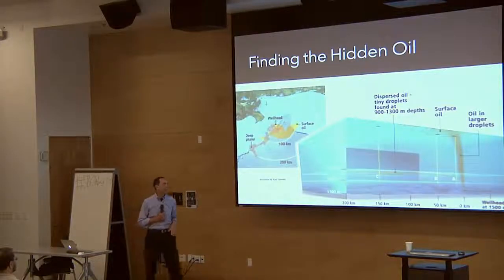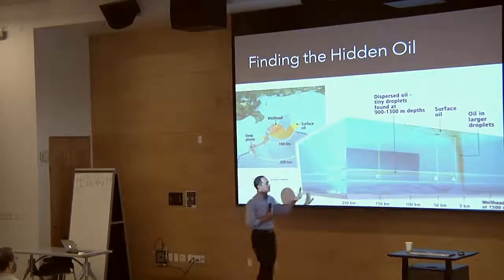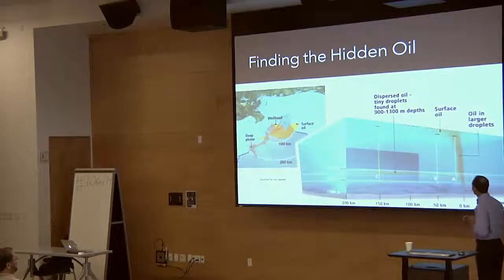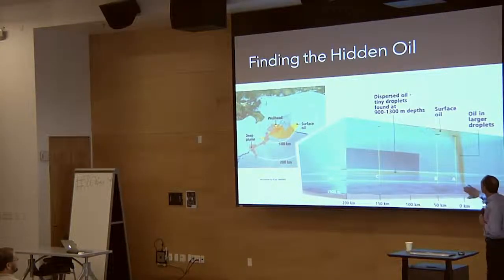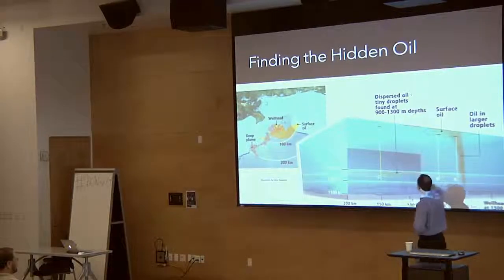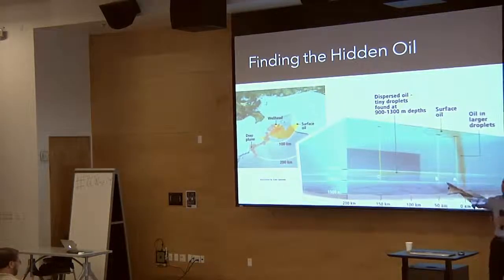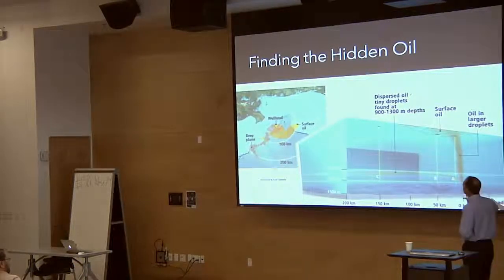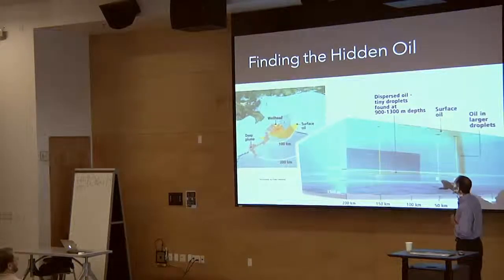And what happened is, if you look at this illustration, actually done by one of the medical illustrators here at UW, here's the well, the oil going to the surface, the majority of it, but some of the really small droplets got trapped in this water layer, which is actually cold, oxygen-rich water from the Arctic, and basically stayed in that area.